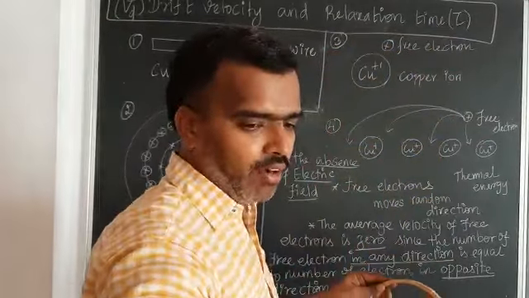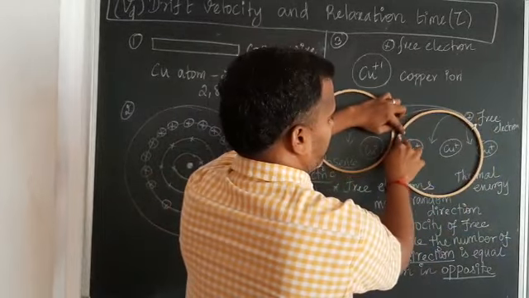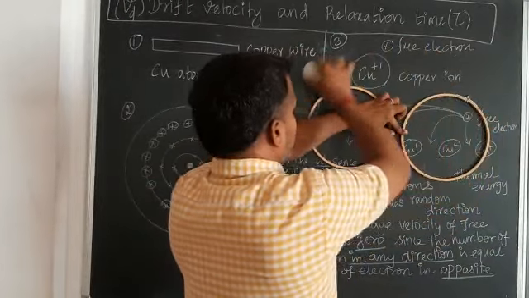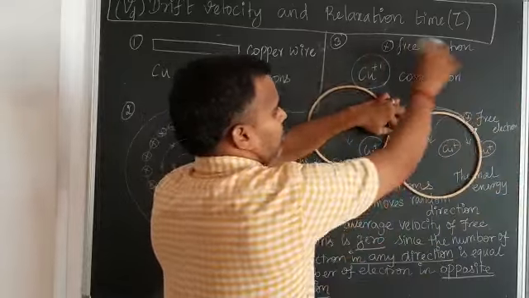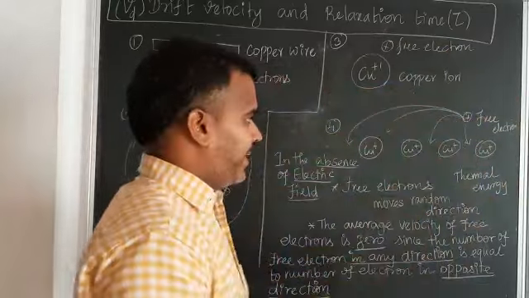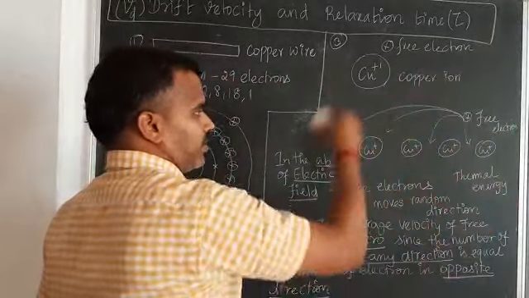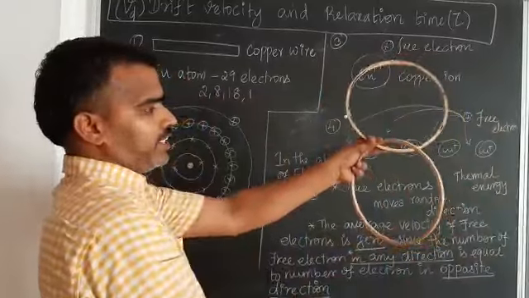Similarly, if you have more copper ions, it can either come here, or go here, or go anywhere else inside the conductor. The motion of this free electron is random. Anywhere else it can move.